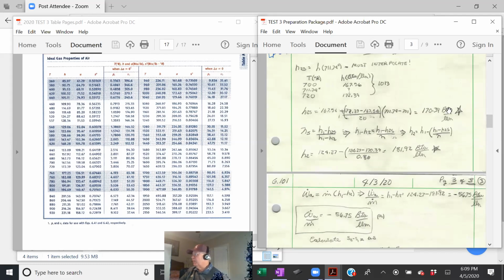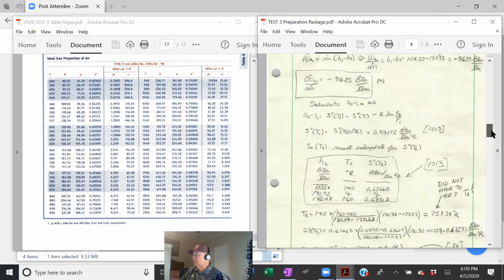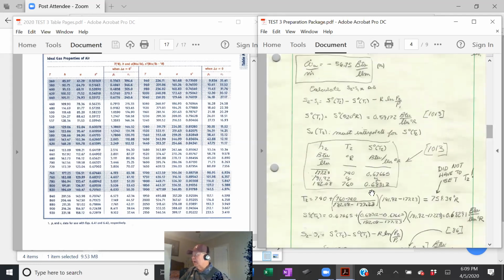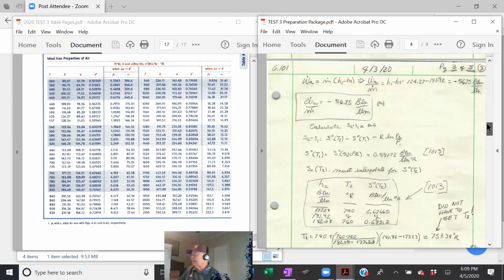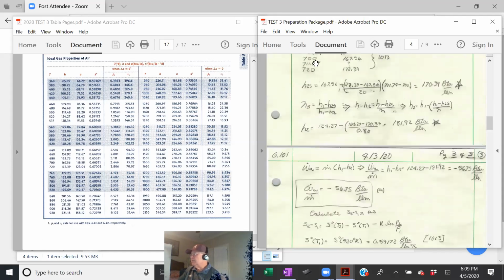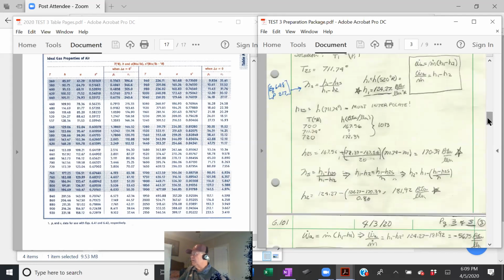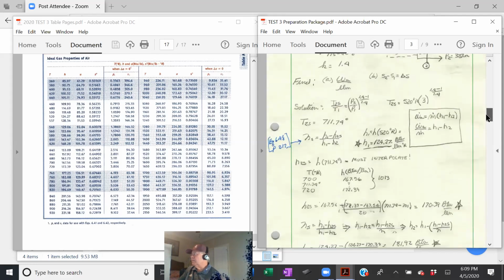I interpolate here from H2S. Then I solve this equation for H2, but I don't know what T2 is. I know what H2S is. I know I confuse you folks. Let me back up. I calculated T2S from this equation.